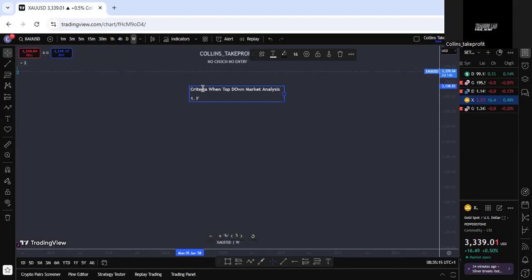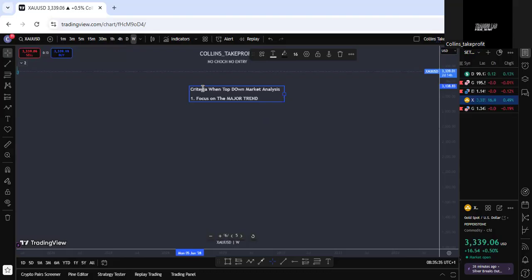You need to focus more on the major trend of the market because from the major trend, you know where the market is headed towards and where it's coming from.